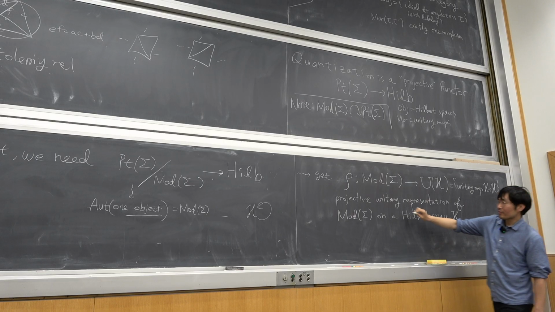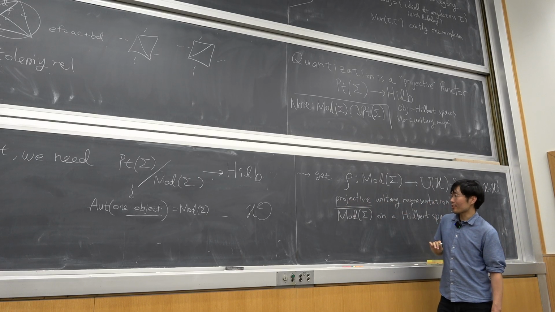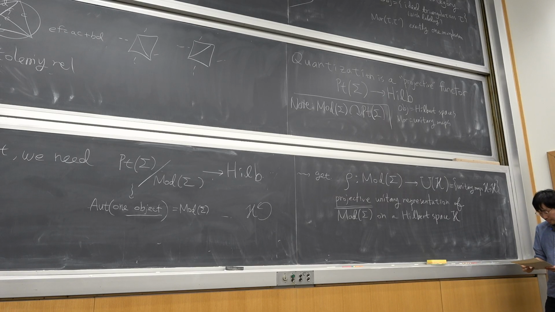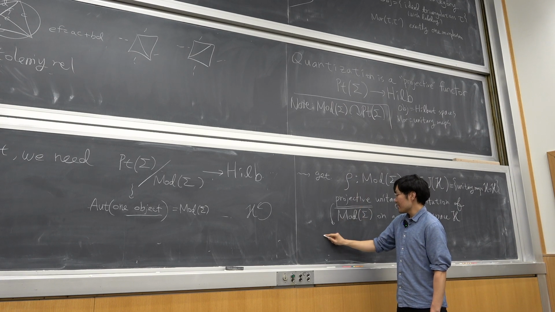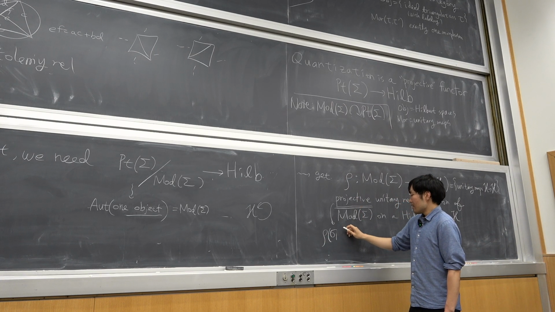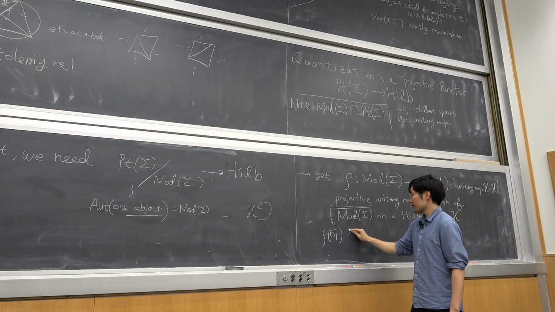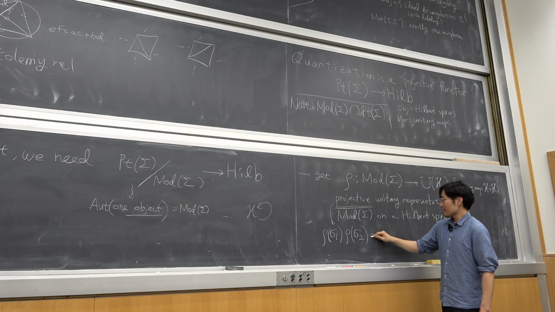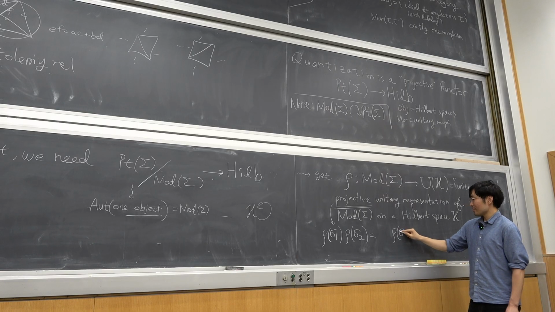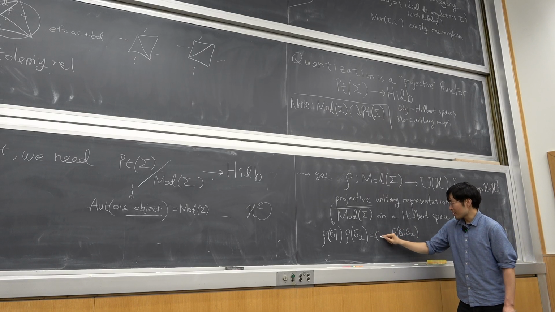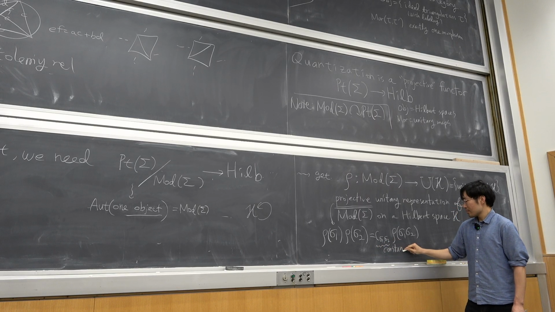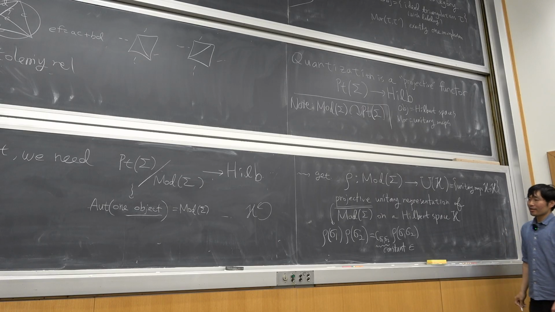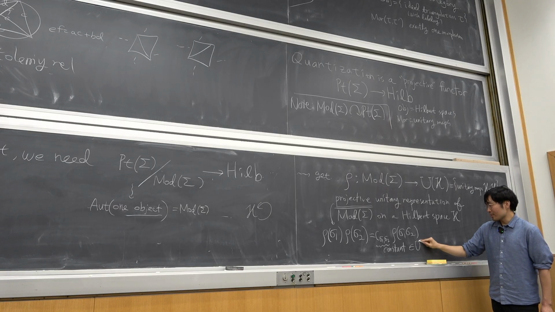By projective, let me now spell out more explicitly what I mean. If you have two elements in the mapping class group and compose, then usually you want this to be equal to that, but it's now equal only up to a constant. This is some non-zero complex number, but since everything is a unitary map, it's actually a complex number of modulus 1.